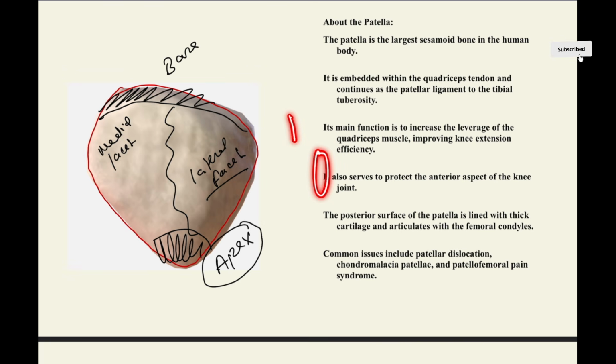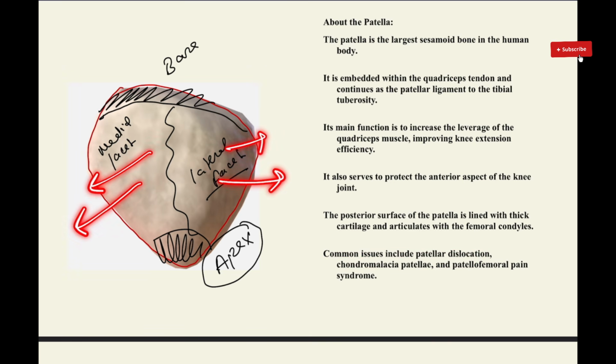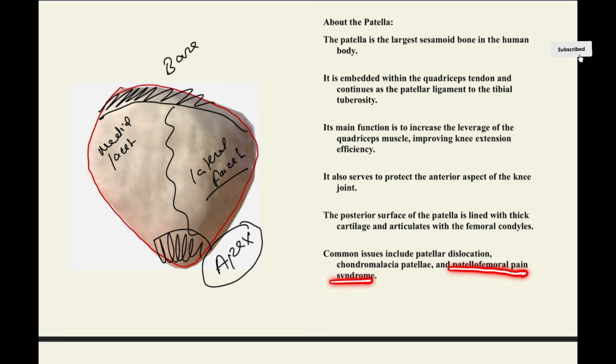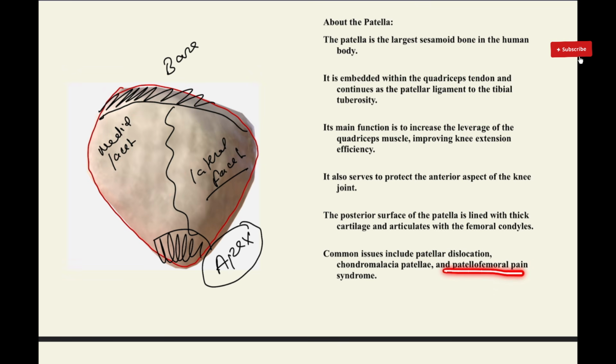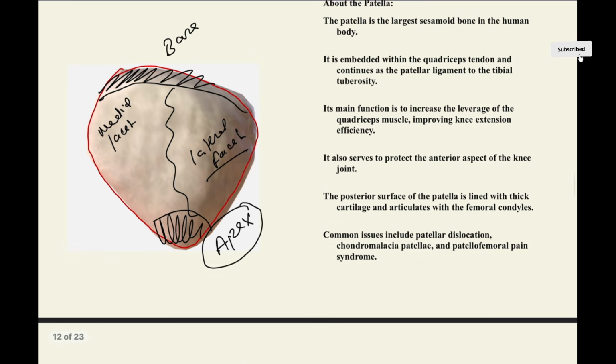Now the common issues of the patella are patellar dislocation, because the patella is very prone to dislocations, chondromalacia patellae, and patellofemoral pain syndrome. Any degenerative changes behind the patella, which is articular damage, will lead to patellofemoral pain syndrome.